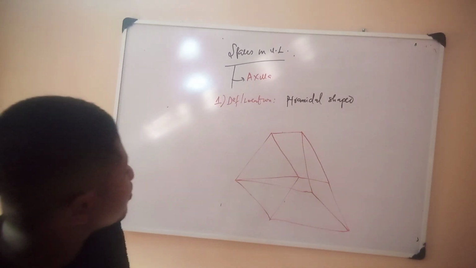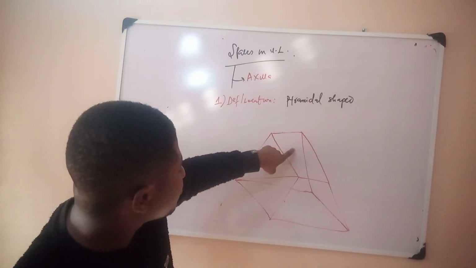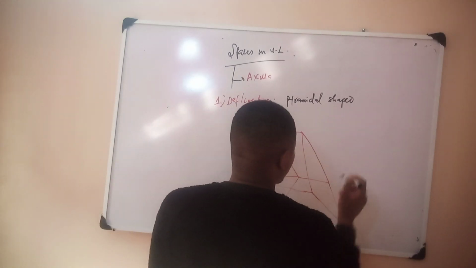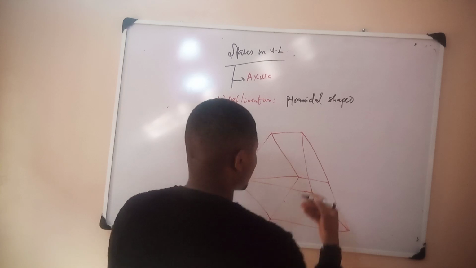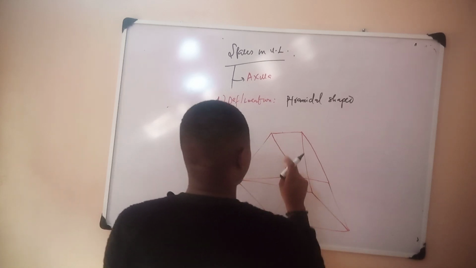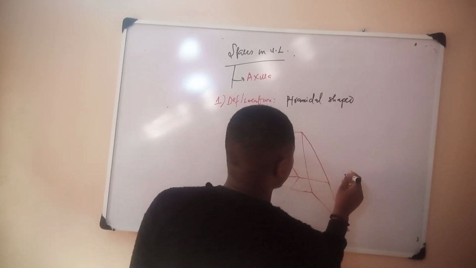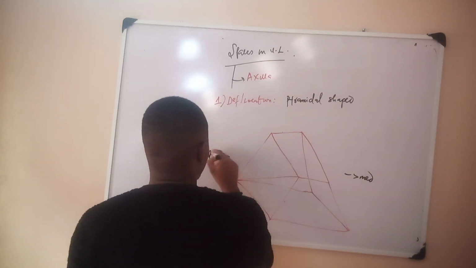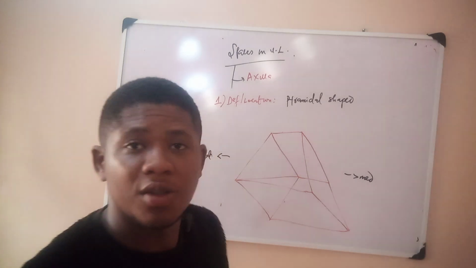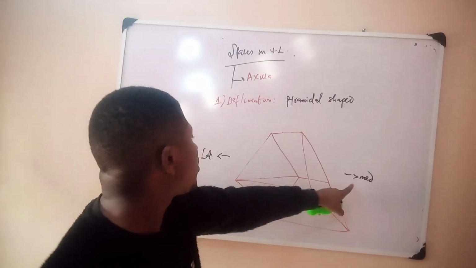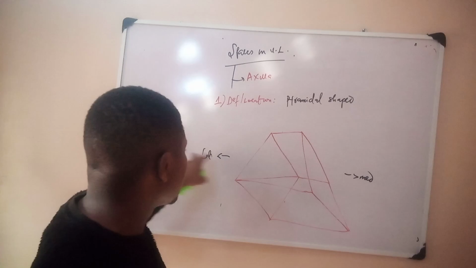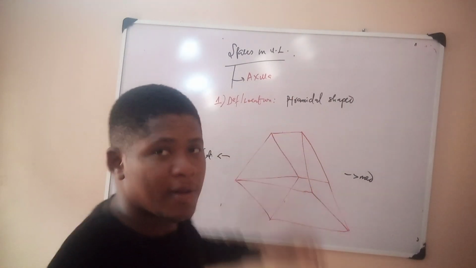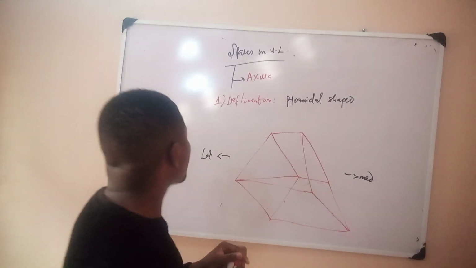If I say toward this side is medial, and toward this side is lateral, then this is the anterior wall, this is the posterior wall, this is the medial wall, and this is the lateral wall. So this is the axilla.